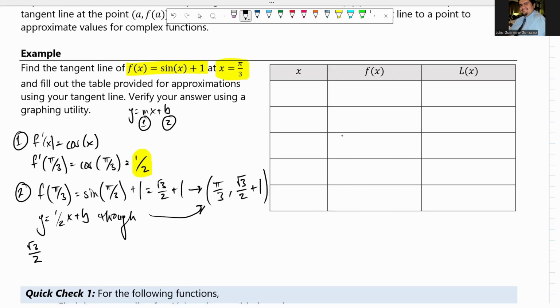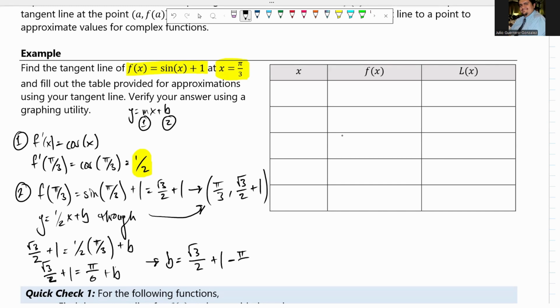Root 3 over 2 plus 1 is equal to 1/2 times pi over 3 plus b. Root 3 over 2 plus 1 is equal to pi over 6 plus b. b is equal to root 3 over 2 plus 1 minus pi over 6.